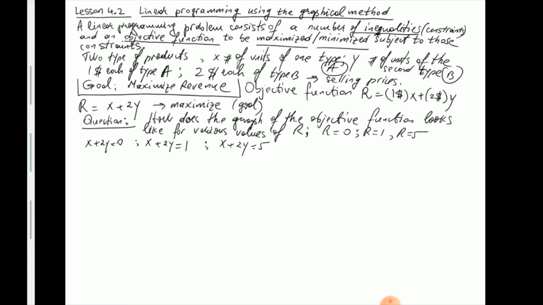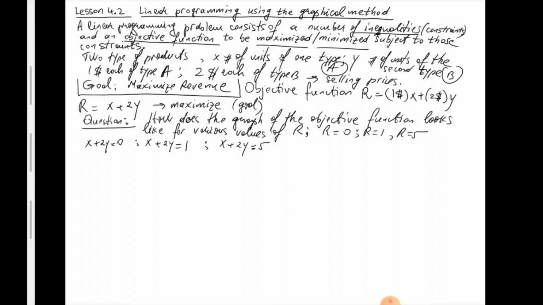So these are 3 possible values for the revenue, 3 possible objective functions. So in other words, if you want to get a revenue equal to 5, then the number of items of each type can be any combination that will give you x plus 2y equals 5.